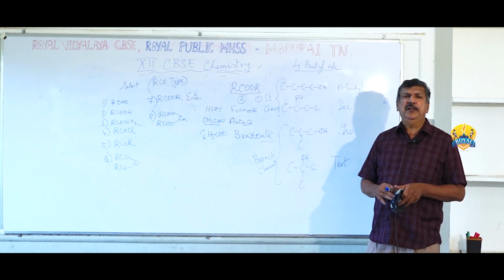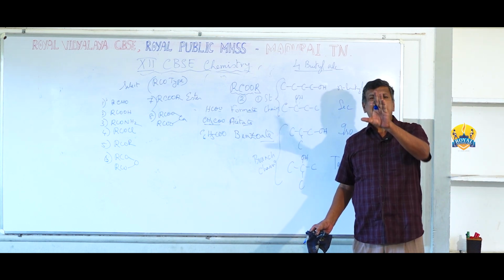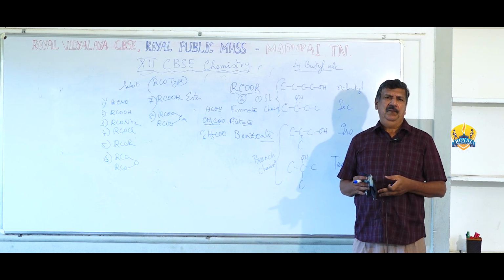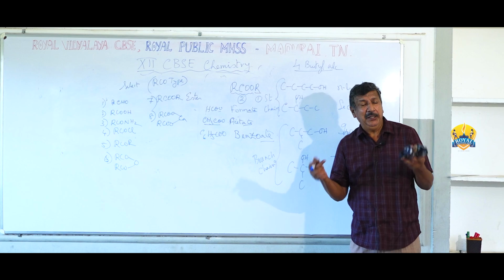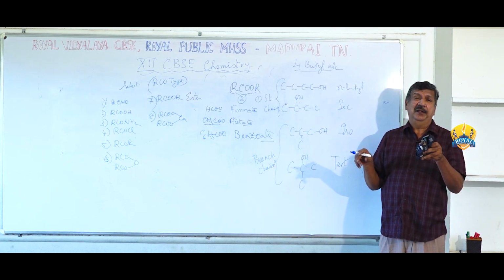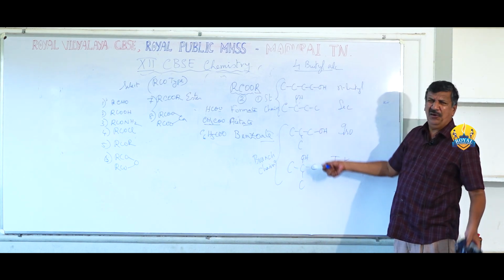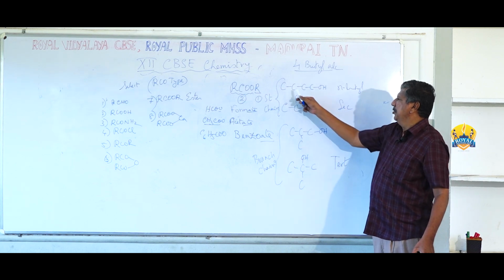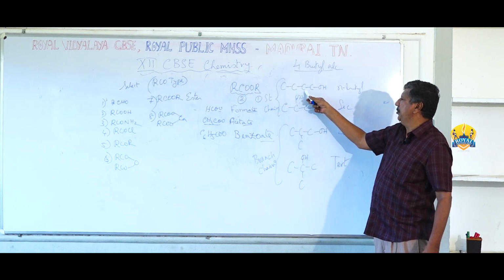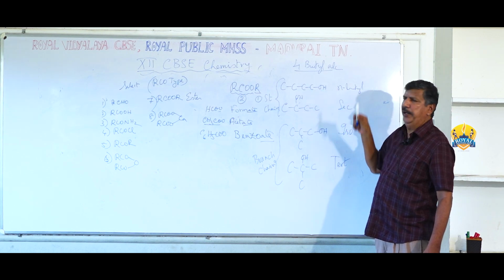But I have written only the skeleton form. You can write with hydrogen, but you should also write with hydrogen. If you write like this, it's wrong. You all know. Okay, I will tell you. CH3, CH2, CH2, CH2, OH.